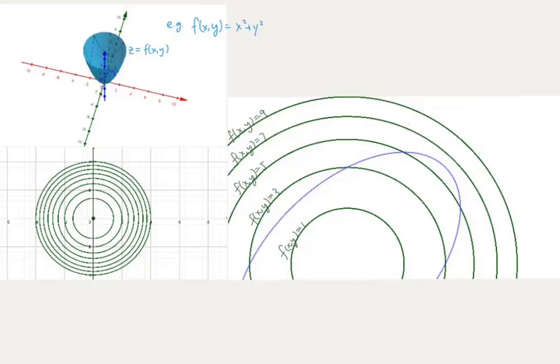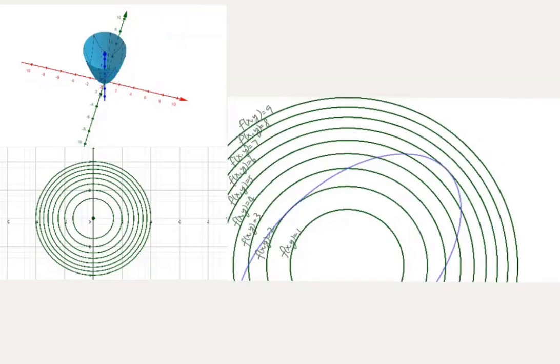For example, in this diagram, if we walk on the path in this way, in the three-dimensional situation, it means that we are climbing up the mountain z = f(x,y) and then going down. We can draw more level curves to visualize the situation.